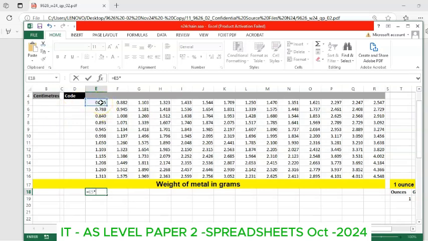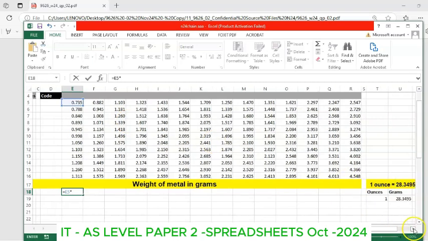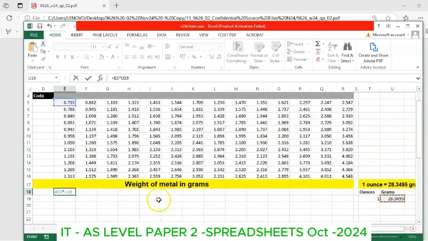E5 multiplied by the conversion rate. But every value here is going to be multiplied by this value, so we have to make this value constant. We are making this value absolute. Making a value absolute, look here, there's a $ before U and a $ before 19 for U19.